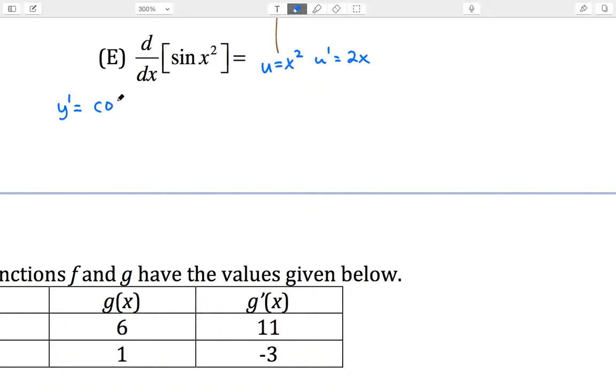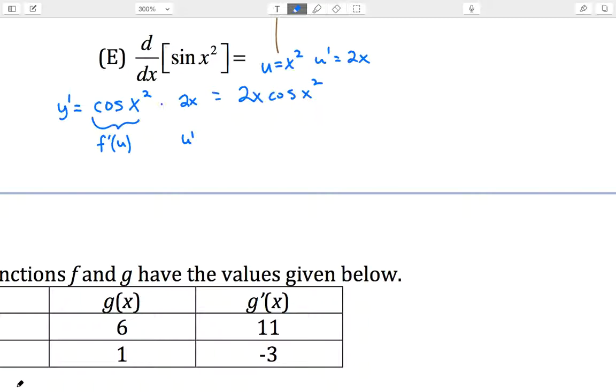So we're going to start with cosine. That is the derivative of the outside, times the derivative of u. And you'll just rewrite that as 2x cosine x squared. Vastly different, right? So it is very important for you to make sure that you've got the exponents on the trig functions where they belong.